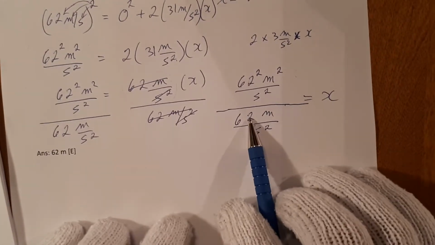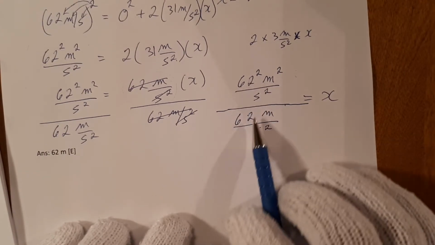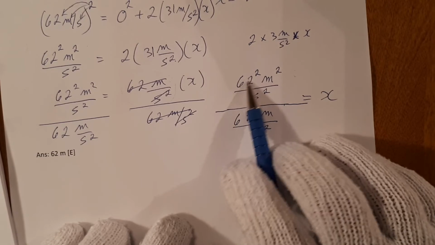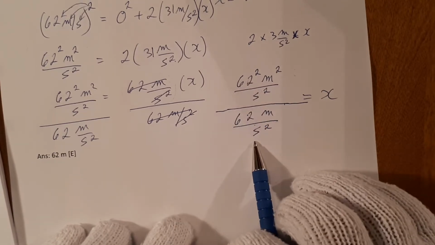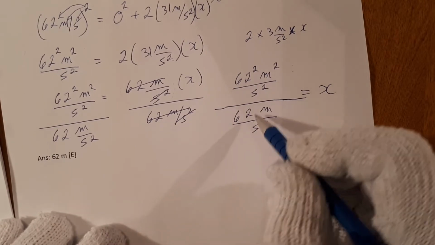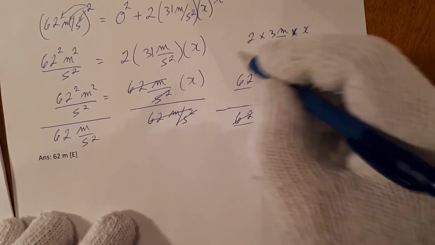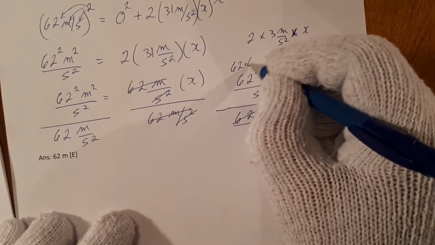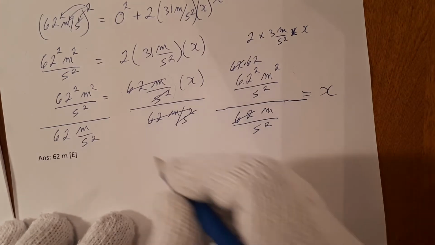This looks rather easy. 62 squared is 62 times 62, divided by 62. So one of these 62s here will cancel out, and that would leave us with 62 here. And this is 62 times 62, so one of them will cancel out, leaving us with just 62.